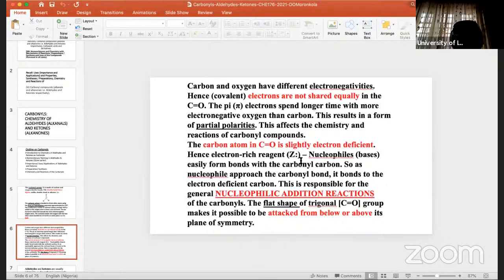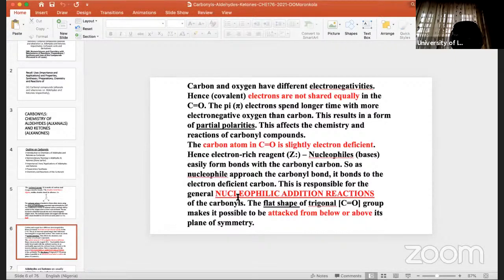any system that is coming there should be electron rich, that is, should be a nucleophile, in other words, a base. So these can easily form bonds with the carbonyl carbon, and as the nucleophile approaches the carbonyl bond, it bonds to the electron deficient carbon.